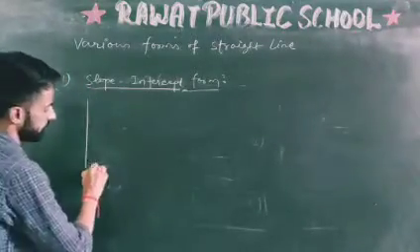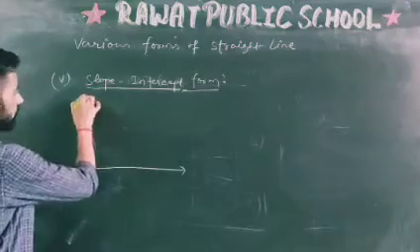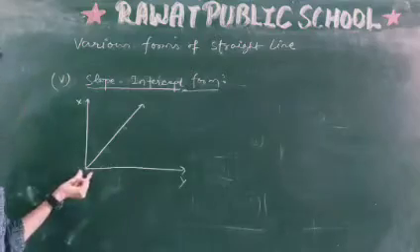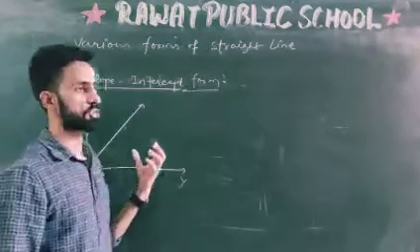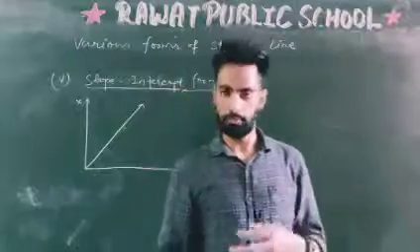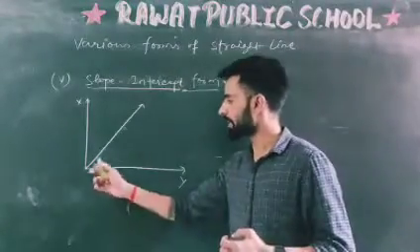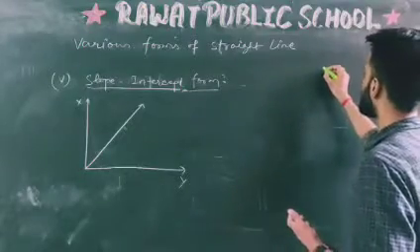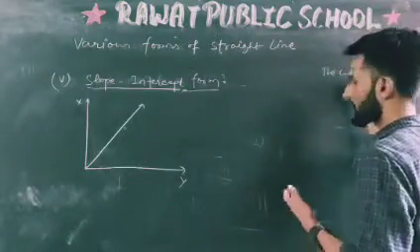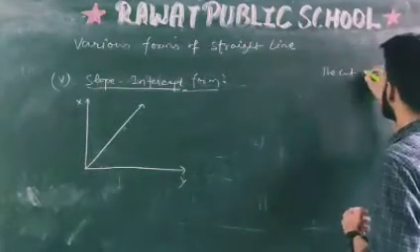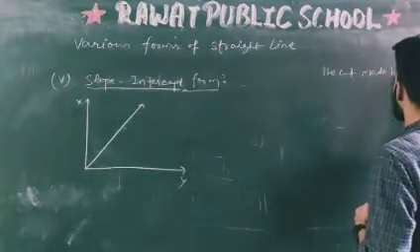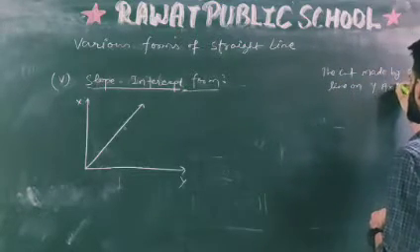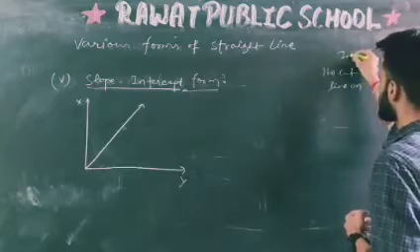Number one, if a line passes through the origin, the slope will have some value, but the intercept is 0 here. What is the intercept? The intercept is the cut made by a line on the y-axis. This is called the intercept.